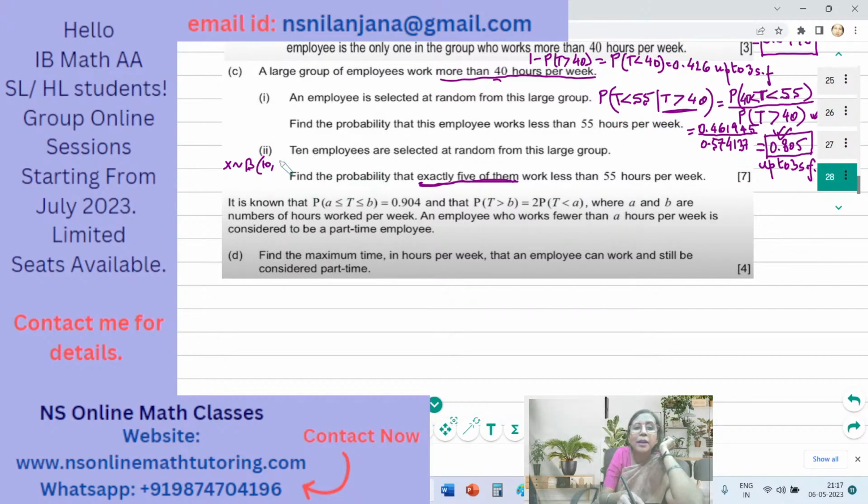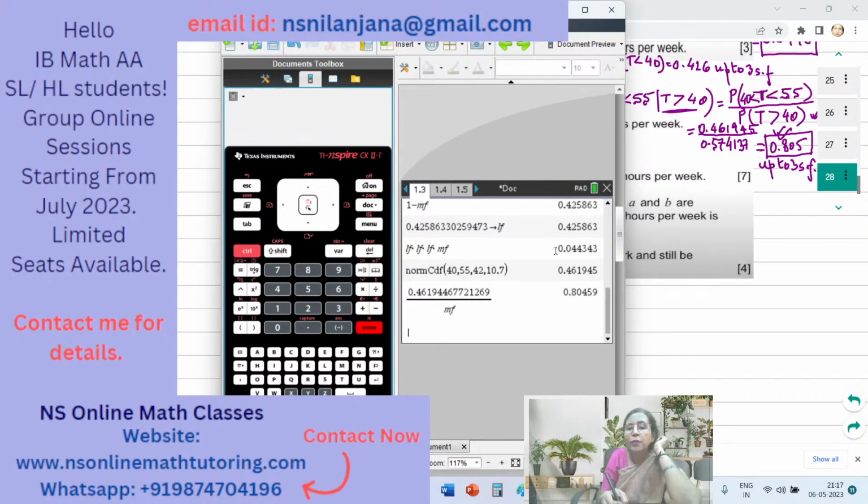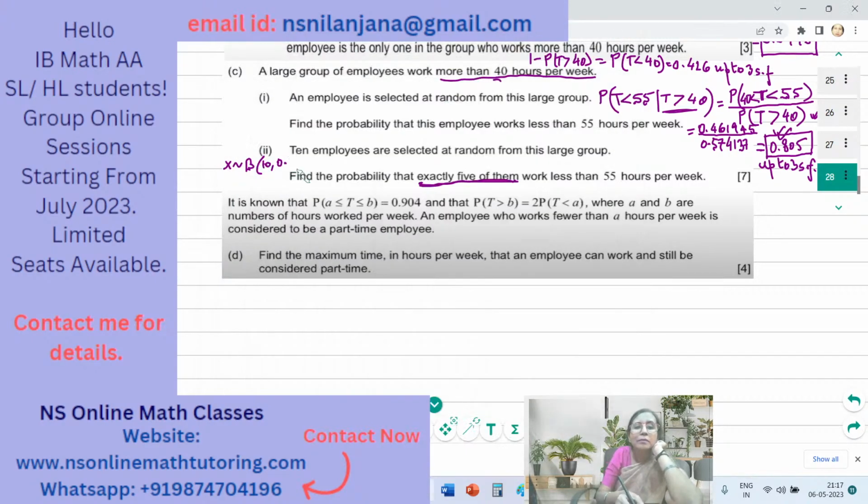It is 0.80459. So exactly 5 of them will be working for less than 55 hours per week.